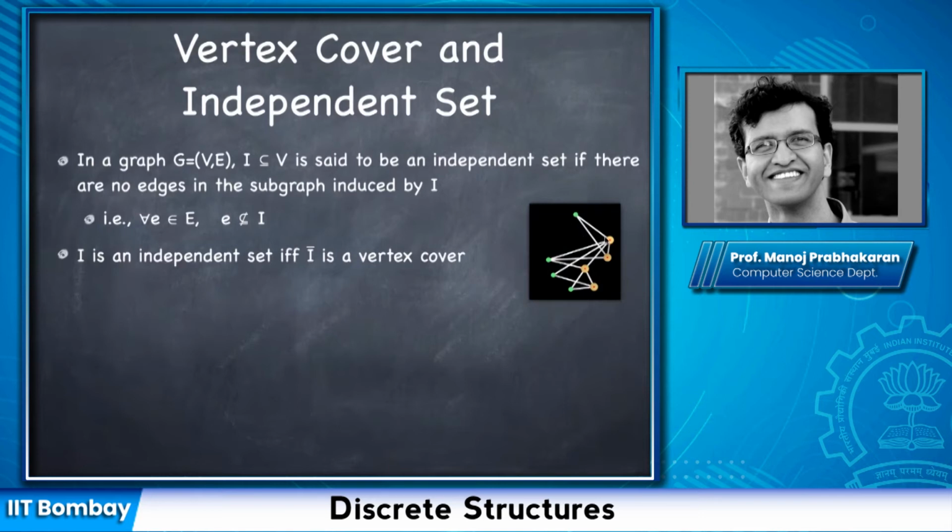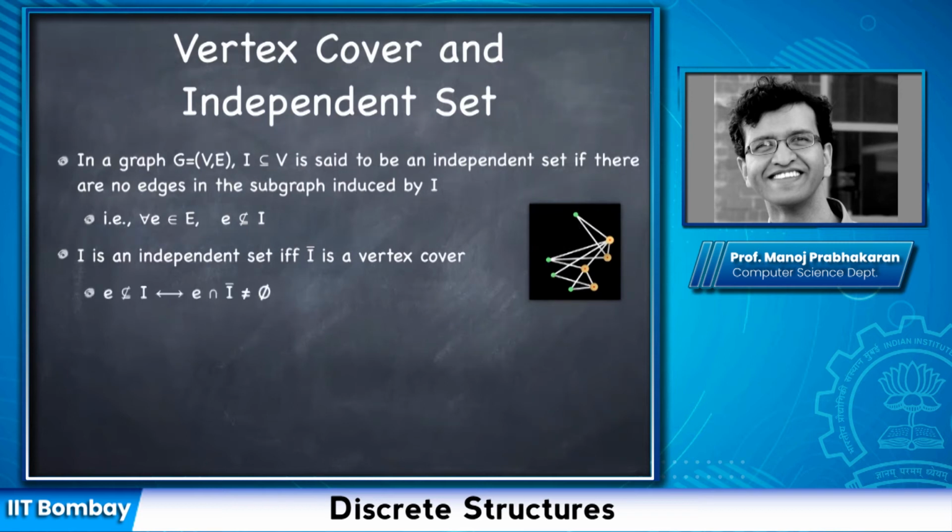And this being a vertex cover means every edge is coming into this set here. Okay, there cannot be an edge which is completely uncovered, not including at least one vertex from the vertex cover. So that's the same as saying the remaining vertices here form an independent set.